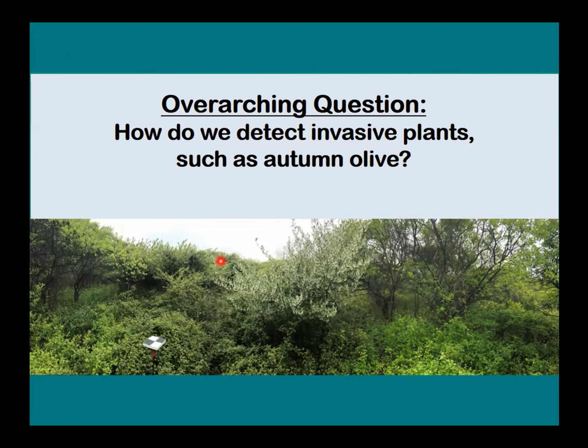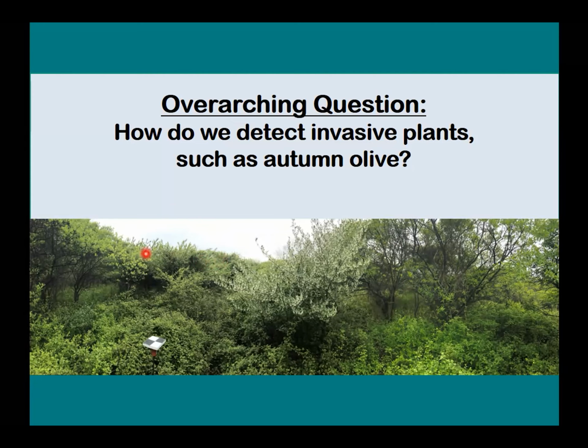If we can develop algorithms using spectral signatures, if we can develop algorithms for identifying individual invasive plants, we can then fly drones or maybe other platforms with other sensors over large areas, identify invasive plants, and then use mitigation strategies. And this is opposed to just going out into the field and hiking around the field and finding where these species are. So this would be a real bonus for conservation efforts.